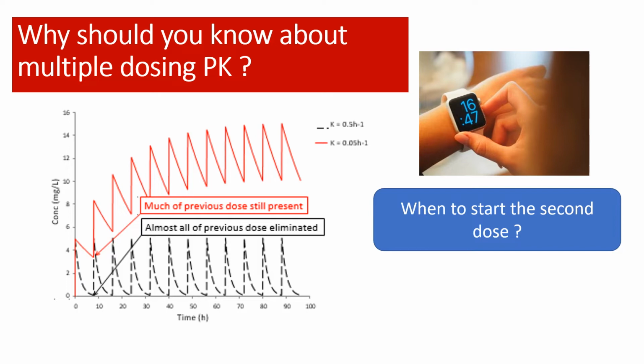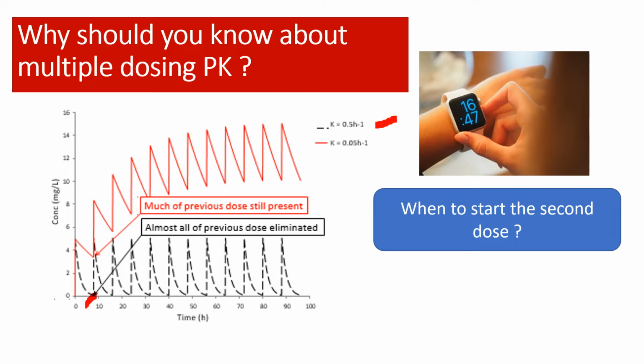The drug is eliminated rapidly, with an elimination rate constant of around 0.5 per hour, and by the time the next dose is due, virtually the whole of the initial dose has been eliminated. Here you can see the plasma concentration of the initial dose has almost been eliminated, so the second dose simply repeats the pattern seen with the first dose, and it goes on and on.